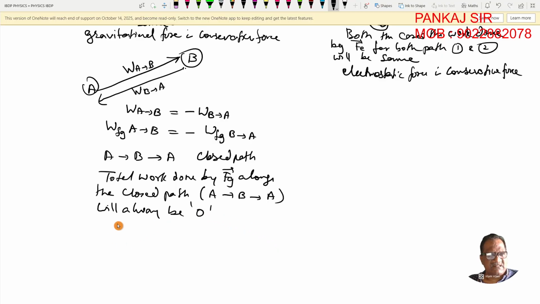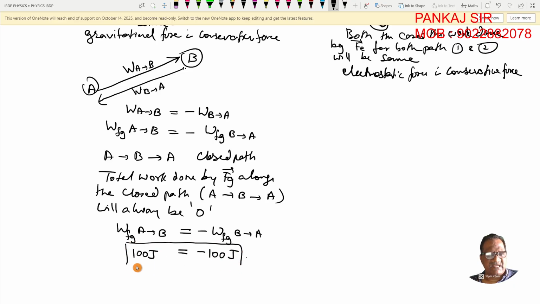Or you can say the work done by the gravitational force in going from A to B will be equal to the negative of the work done by the gravitational force in coming back from B to A. Suppose work done in going from A to B is say 100 joules. Then the work done in coming back from B to A by this gravitational force will be minus 100 joules. This is the meaning of it.